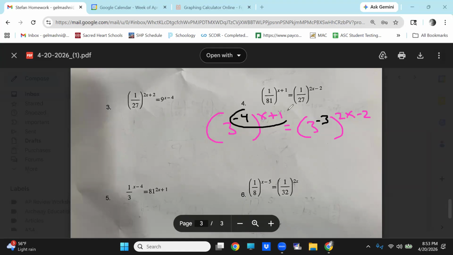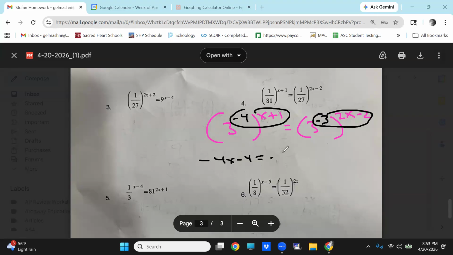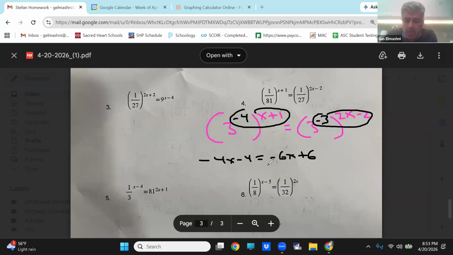So these combine and these combine. And you keep moving things around.